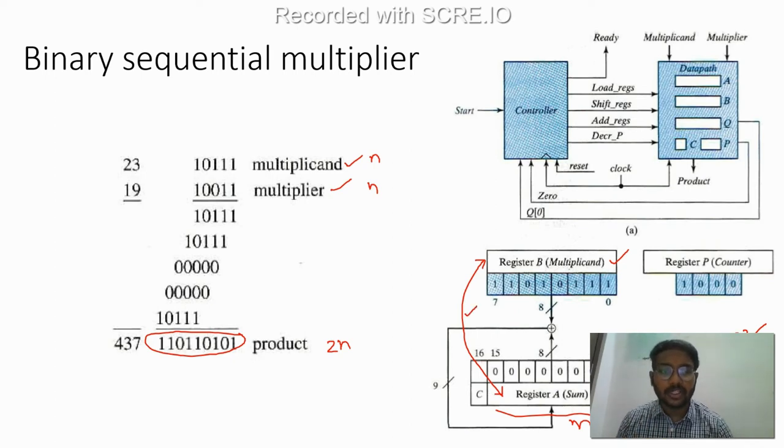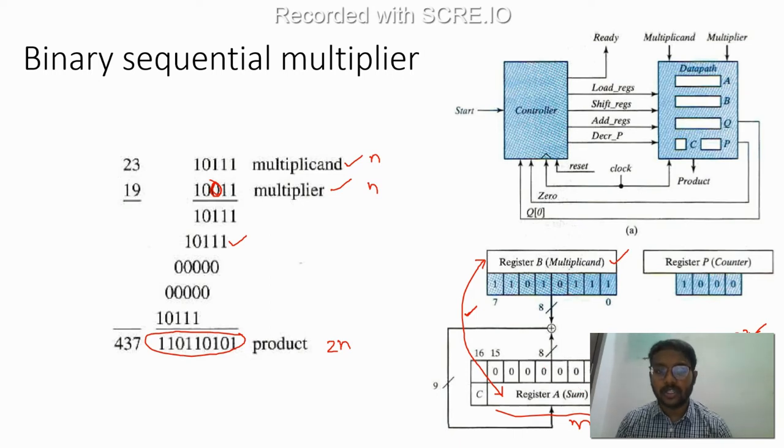If your Q of 0 is 0, then there is no point in adding register multiplicand and register A, because if your multiplier bit is 0, you just have 0 0 0 0. Even if you are adding, it is the same thing, but one thing is you are shifting. Even if it is a 0, you need to shift the product. So depending on Q of 0, you need to decide whether you need to add or just shift.